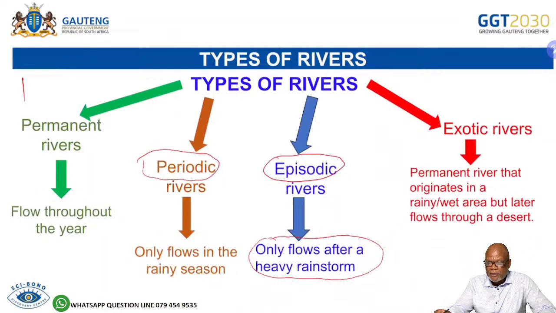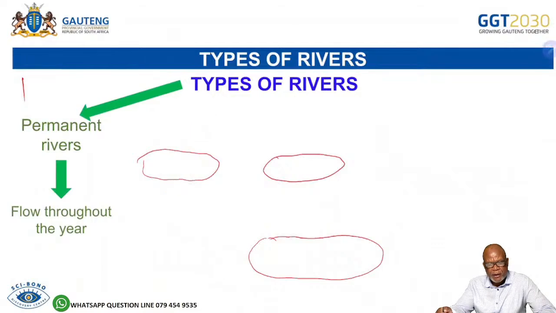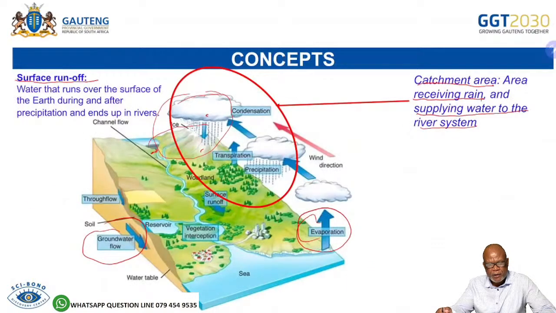They are permanent rivers that originate in a rainy or wet area but later flow through a desert. If we go back a few slides, we can look at our river. Now, let's look at this river here.